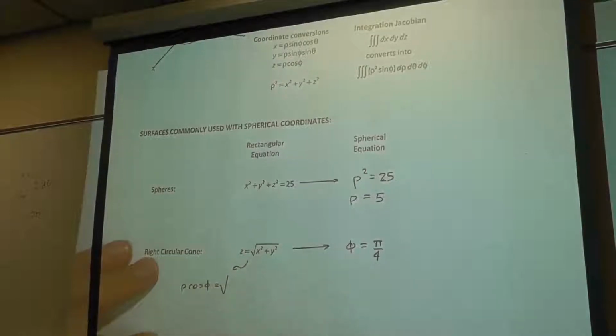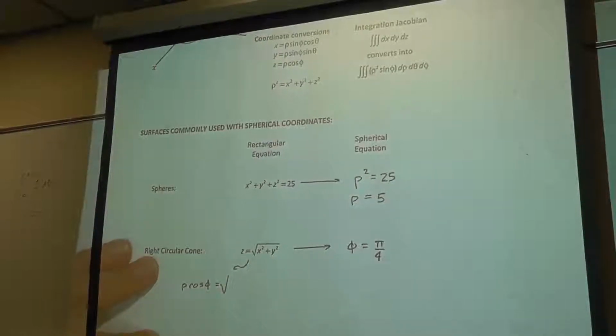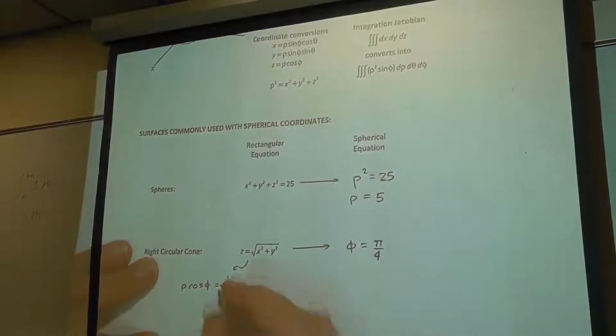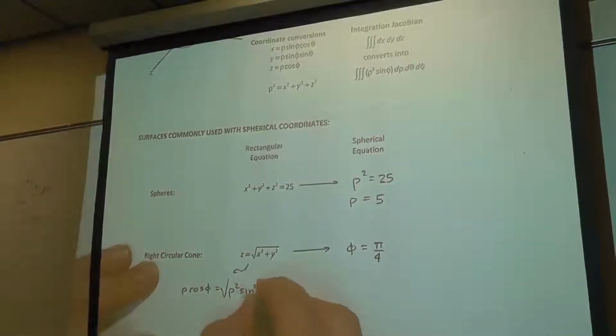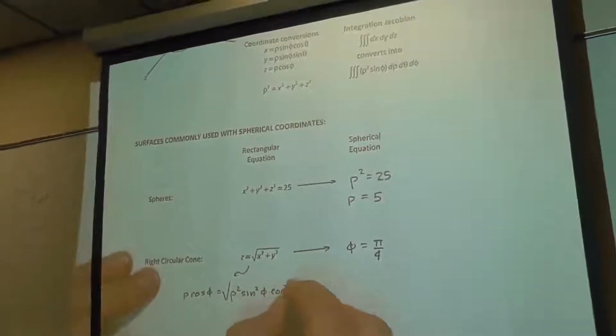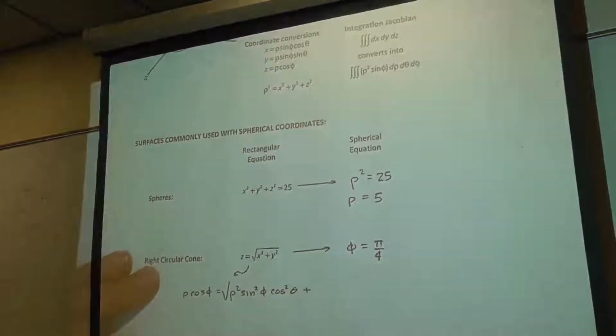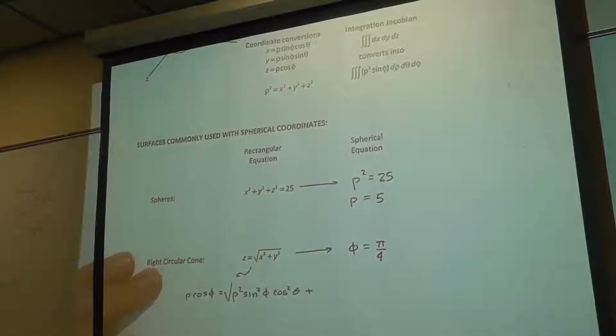Replace x with rho sine phi cosine theta, and keep in mind it's being squared. Plus, y gets replaced with rho sine phi sine theta.